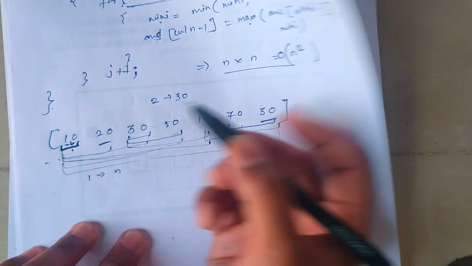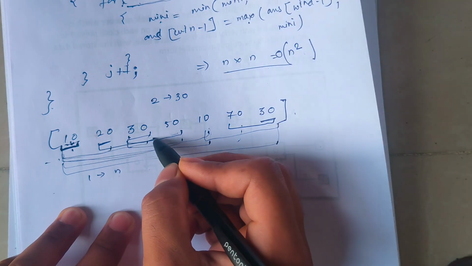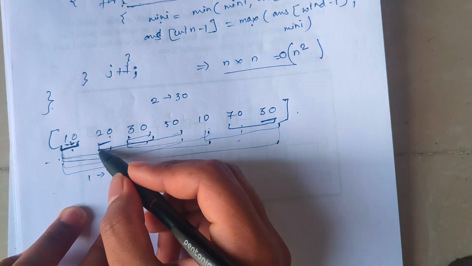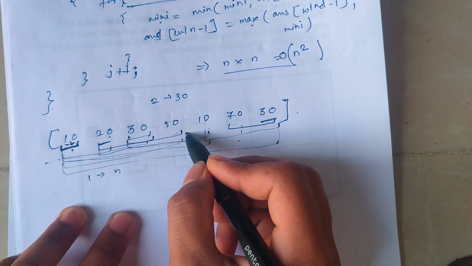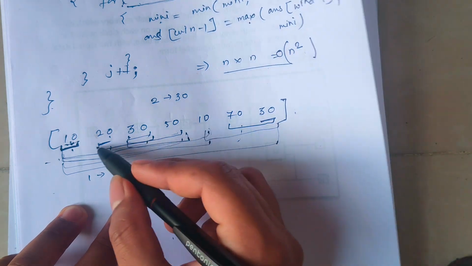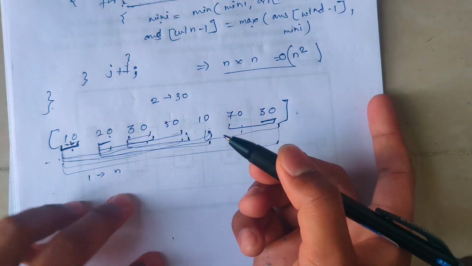Here 20. Could it be a minimum for this window size? Yes. 20, 30, 20 would be minimum. Could it be a minimum for size 3? Yes, it would be minimum. But for this 4, no, it would not be minimum.